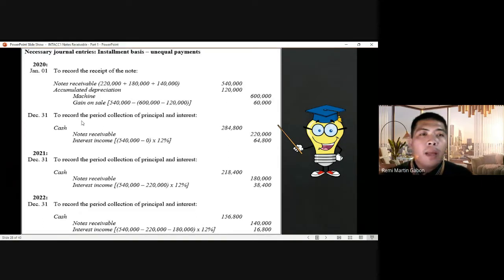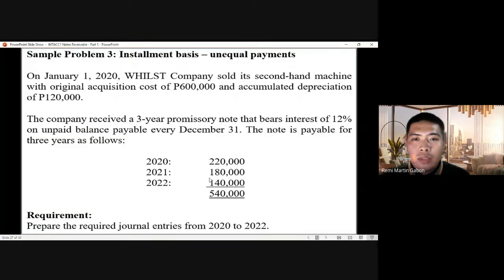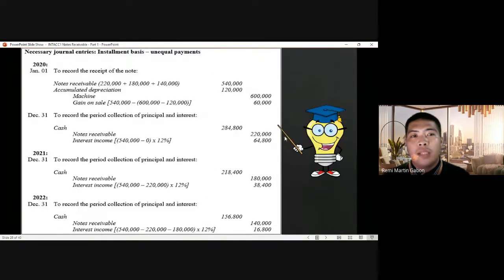Then to record the periodic collection of principal and interest, our credit to notes receivable follows the unequal payments, so 220,000. The interest income is, miraculously, still 64,800. Why 64,800 when the payments are unequal?